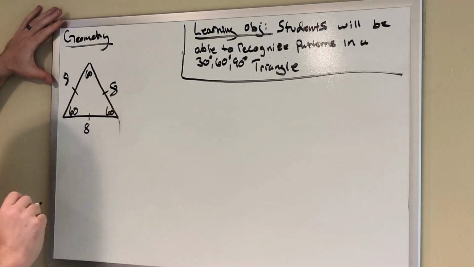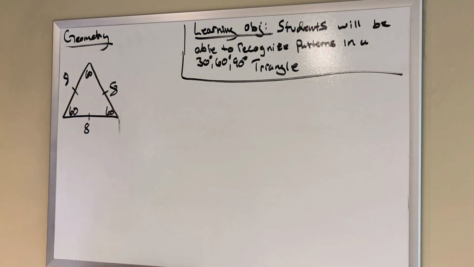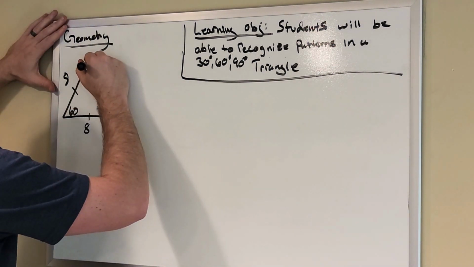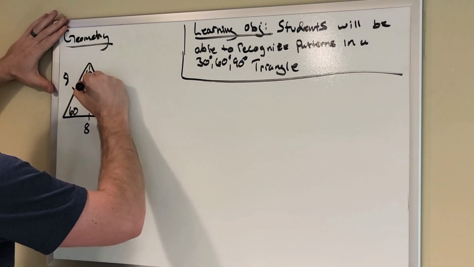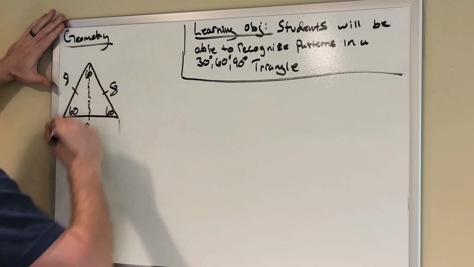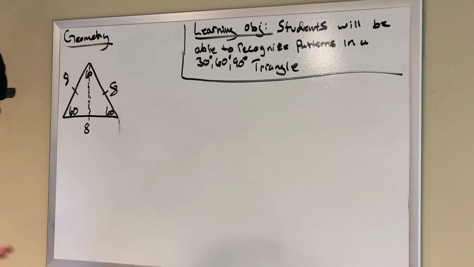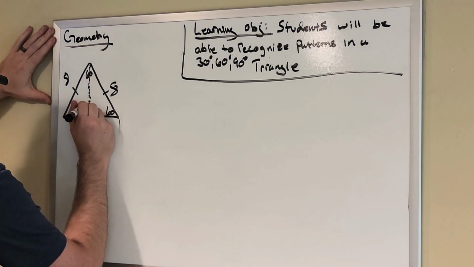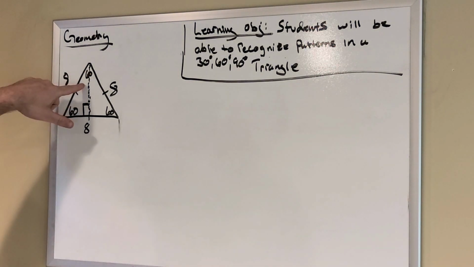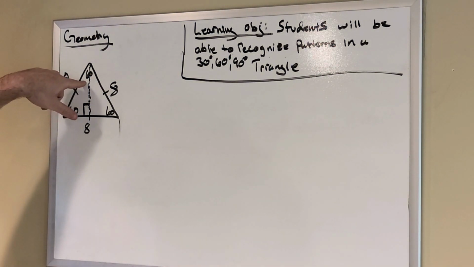What I want to do for my 30, 60, 90 triangle is drop a line down here that's going to cut this triangle in half, and it's going to create a right triangle right here. It's also going to cut this angle in half.